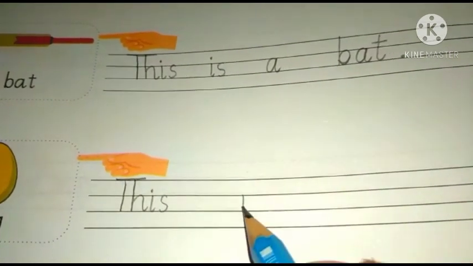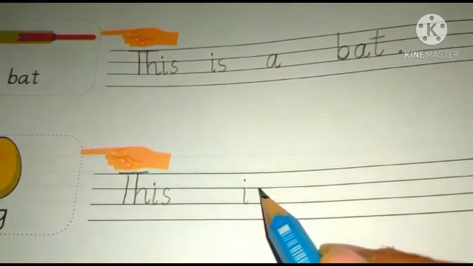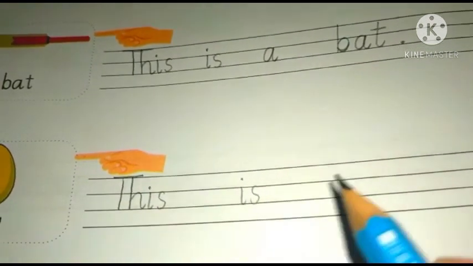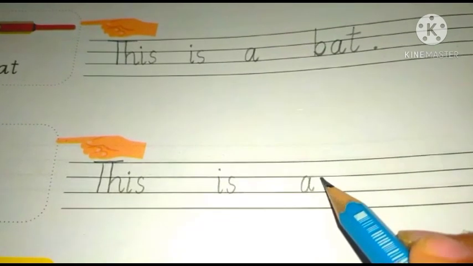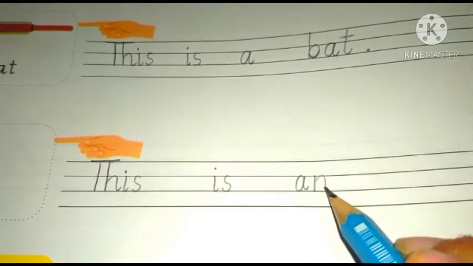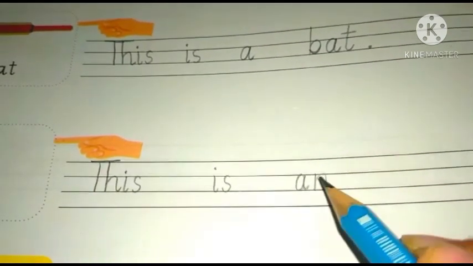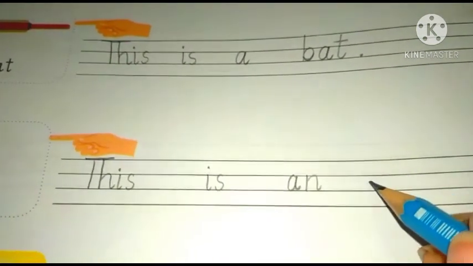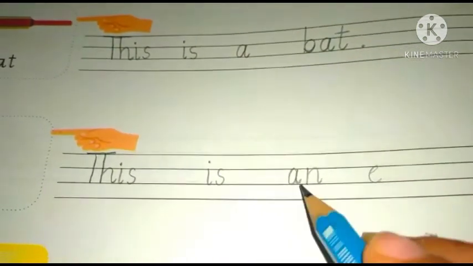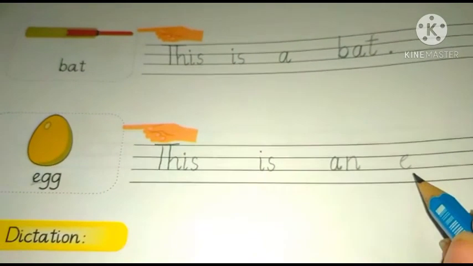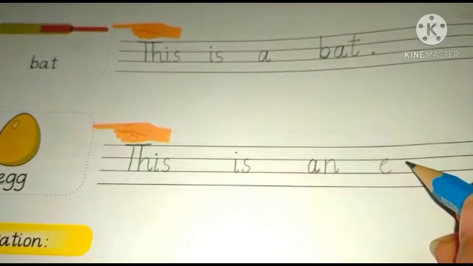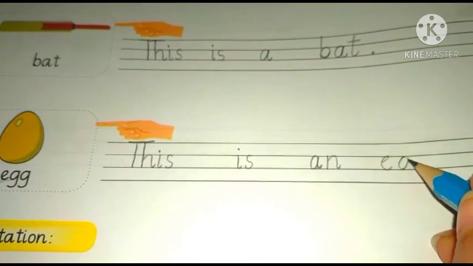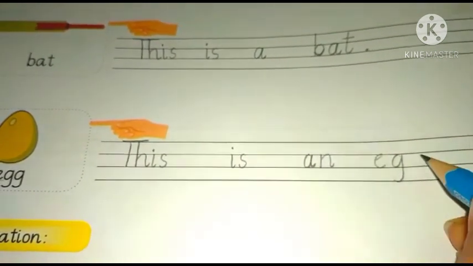T-H-I-S, this. This is an egg. We will use an because egg begins with E and E is a vowel. And after completing your sentence, don't forget to put a full stop. At the end of sentence, what you will put? A full stop. This is an egg. E-double-G, egg.